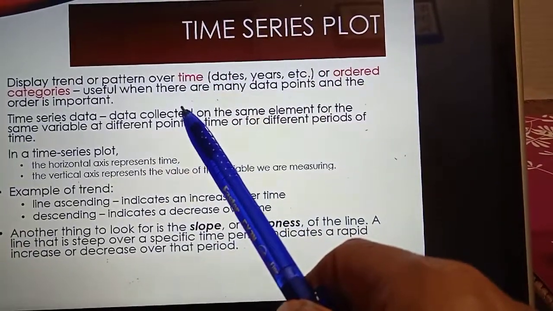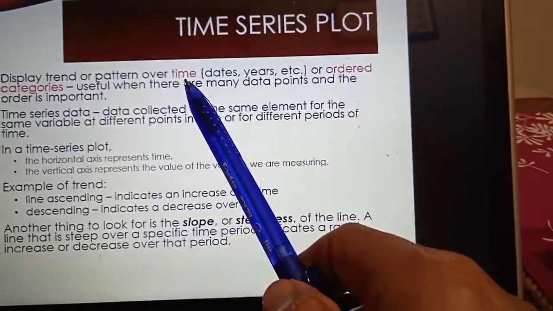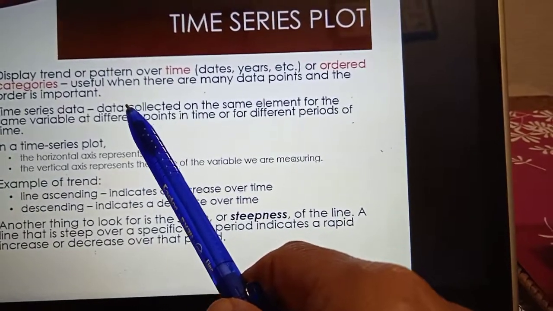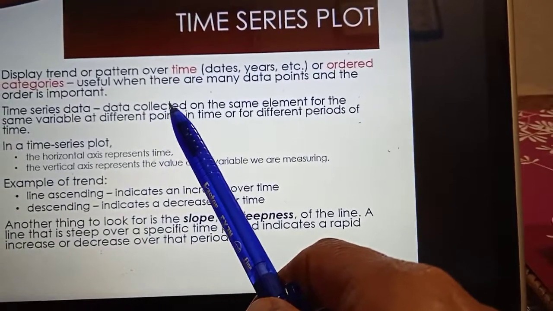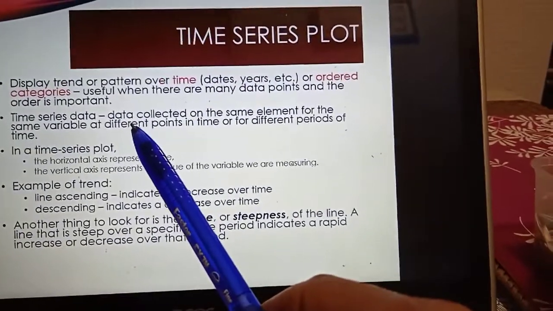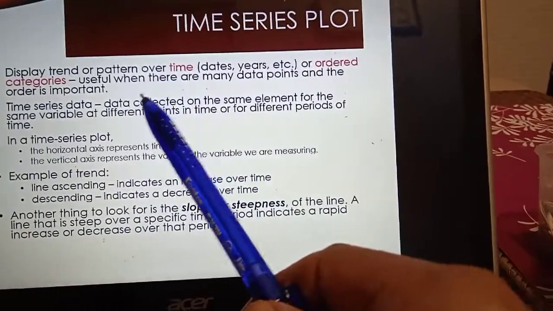So that will be an obvious pattern, and that type of data we will also model using time series. This type of model is useful when there are many data points and the order is important, so that we can predict what will be the trend of the data in the forthcoming time.